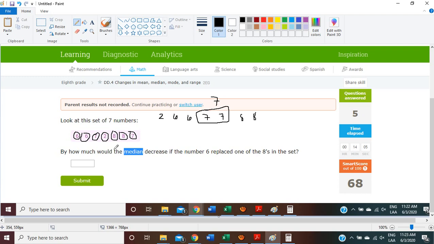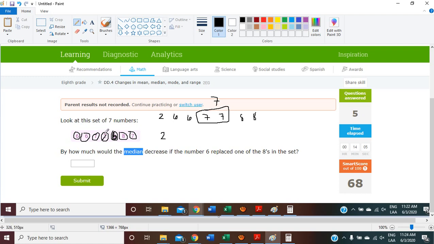Okay, this is not the answer. This is our current median. But what happens if, instead of writing an 8, this is not going to be an 8, it's going to be a 6. Okay, this is a 6. So now we have a 2.